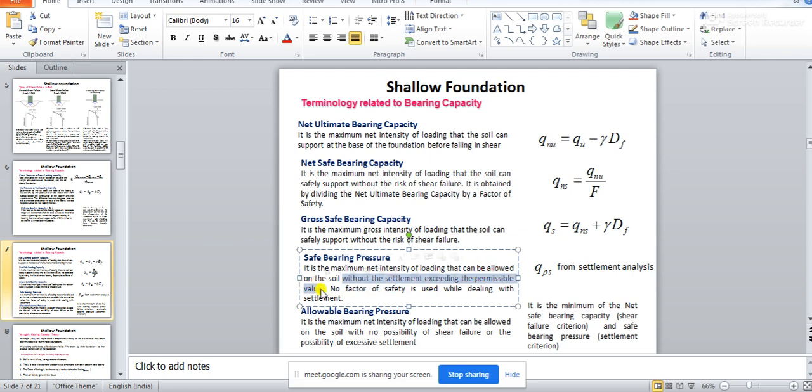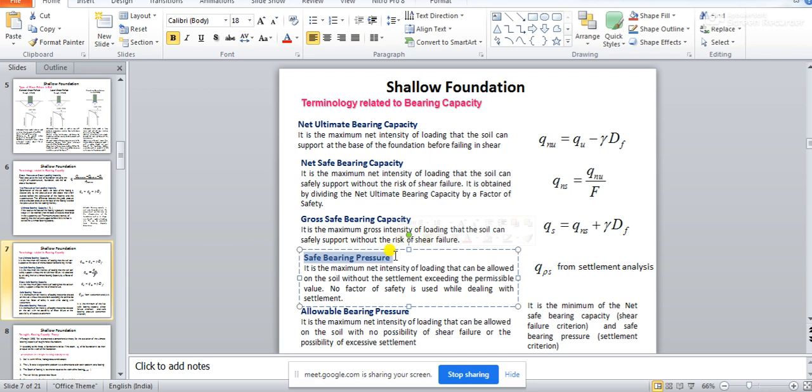So, safe bearing capacity is related to the load, or it is related to the shear failure of the soil. So, when you say without the risk of shear failure, then it is safe bearing capacity, whereas when you say without the settlement exceeding the permissible value because of some maximum net intensity of loading, such intensity of load will be called as safe bearing pressure.